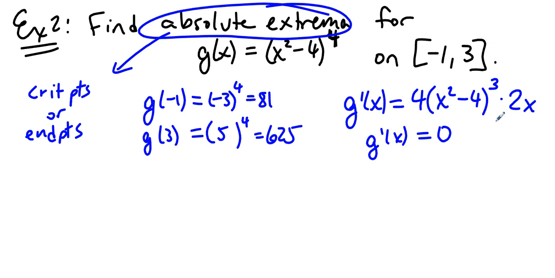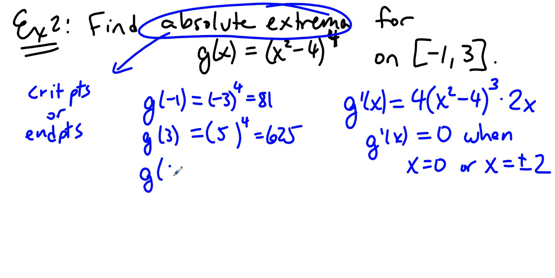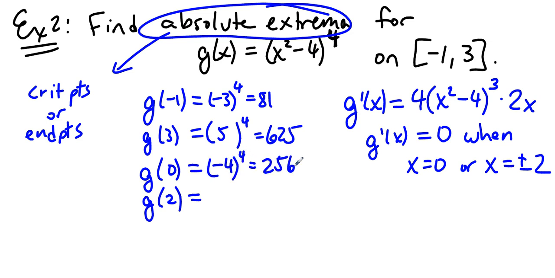This is never undefined, so we consider when g prime equals 0. That happens when x is 0 or when x is plus or minus 2. We ignore the minus 2, so we want to know where g is at 0 and where g is at 2. G of 0, that's -4 to the fourth, that's 256.